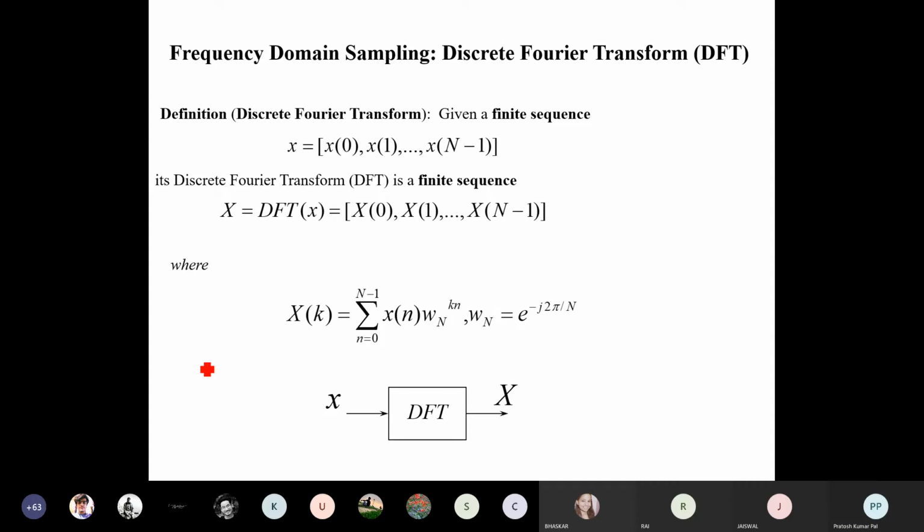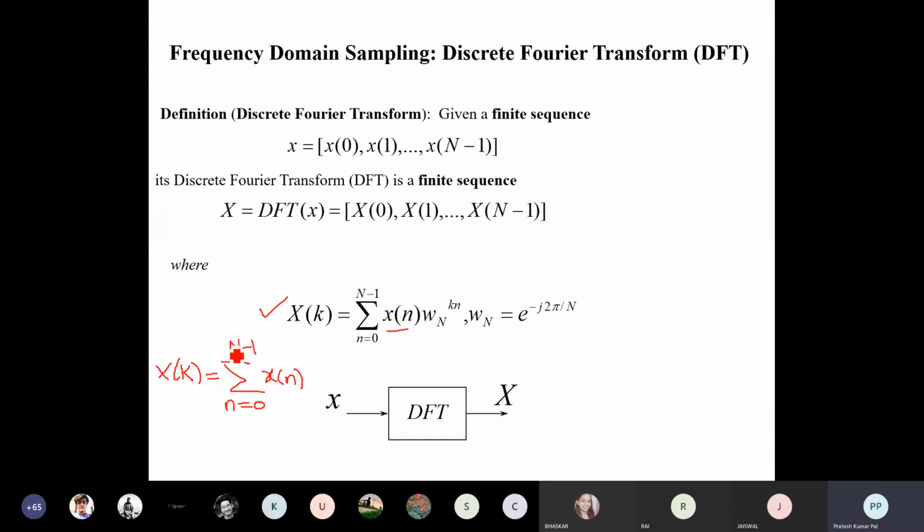Okay, so for DFT, the basic X of k. Okay, and this X of k will be summation of x of n, whatever our signal is there, where n is ranging from 0 to capital N minus 1.